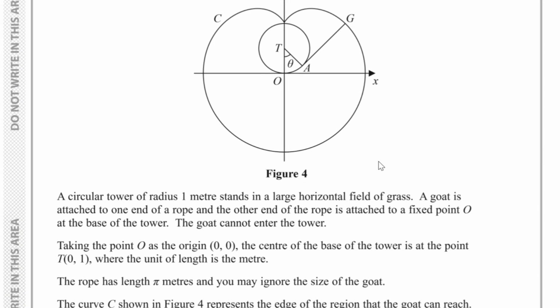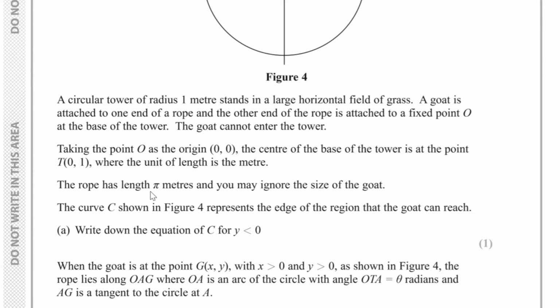Question number 7. A circular tower of radius 1 meter stands in a horizontal field of grass. A goat is attached to one end of a rope. At the other end of the rope is attached to a fixed point O. At the base of the tower, the goat cannot enter the tower. And taking the point O as the origin, the center of the base of the tower is at the point 0, 1, that's the coordinates of T, where the unit of length is 1 meter.